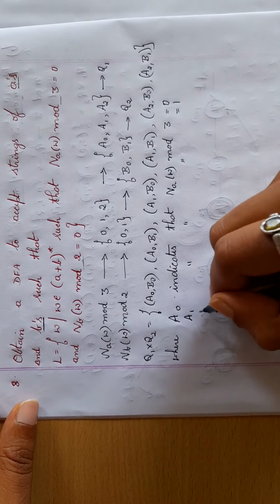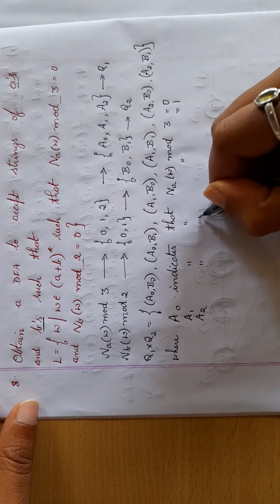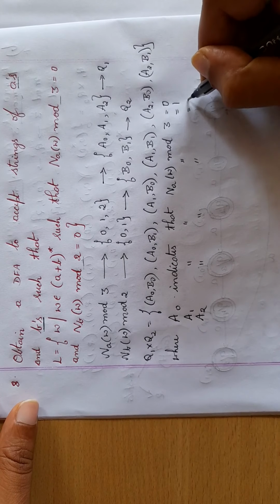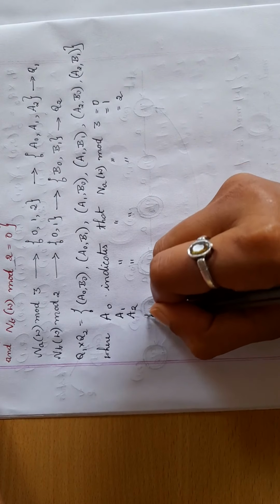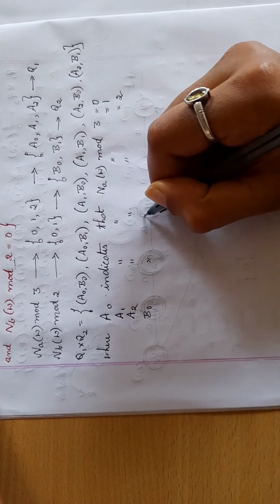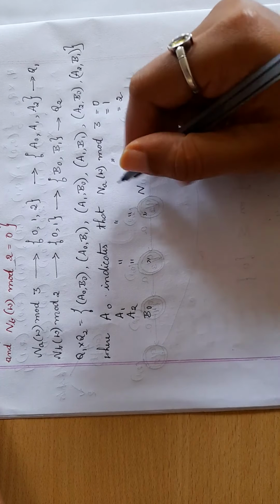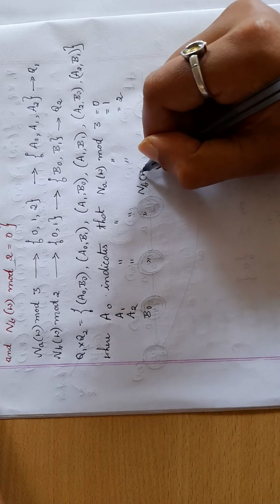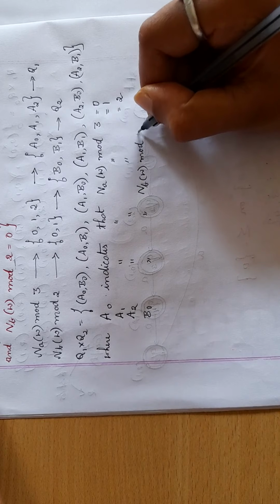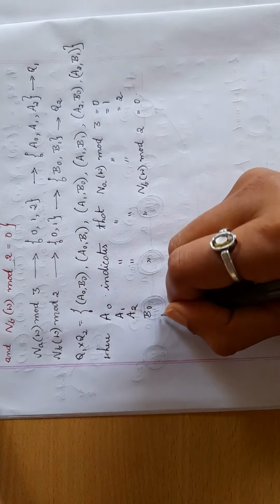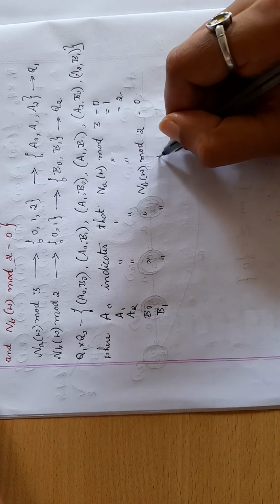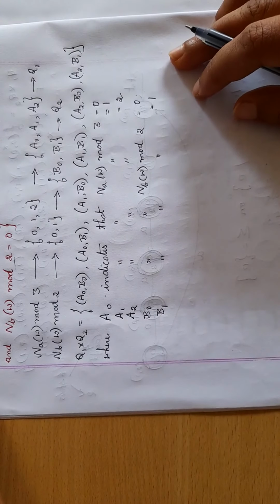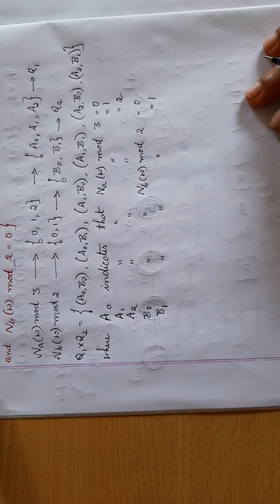A2 indicates the number of A's mod 3 is equal to 2. Similarly, B0 indicates that the number of B's in the string W mod 2 is equal to 0, and B1 indicates that the number of B's mod 2 is equal to 1. Once you're done with this, I'll tell you how to draw the DFA in a simpler way.